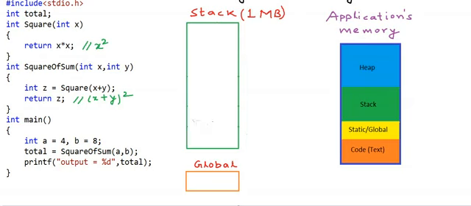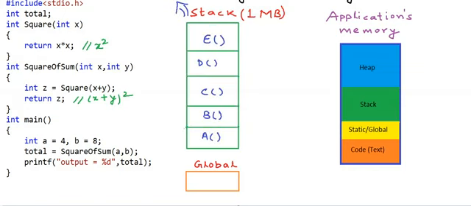And if our call stack grows beyond the reserved memory for the stack, like for example if a method A calls B, B calls C, and we go on calling and we exhaust the whole space reserved for the stack, then this is called stack overflow, and in this case our program will crash. One common case of stack overflow is when you write a bad recursion and your program goes infinitely into recursion.